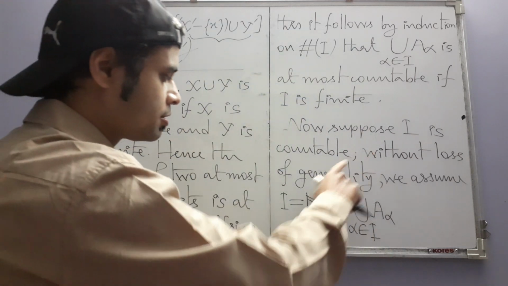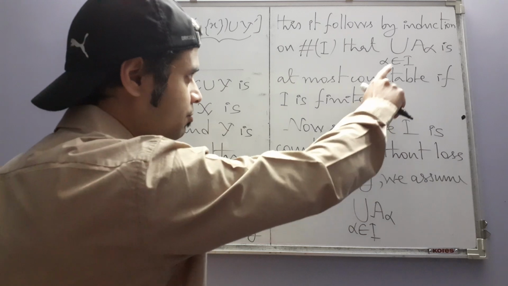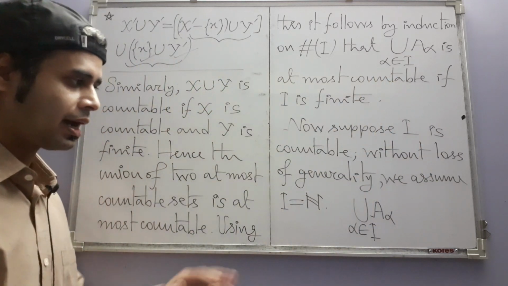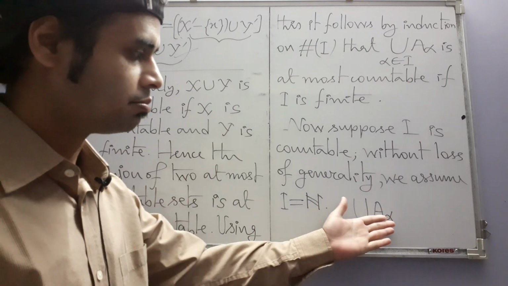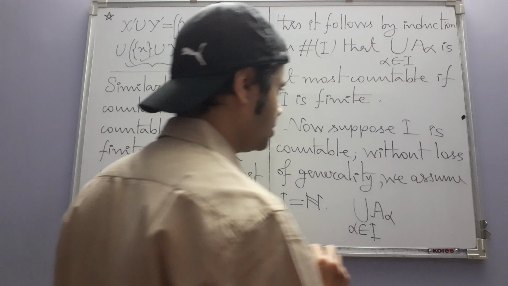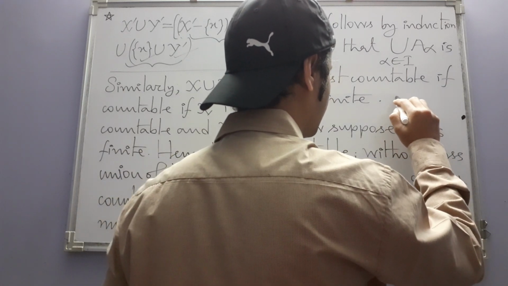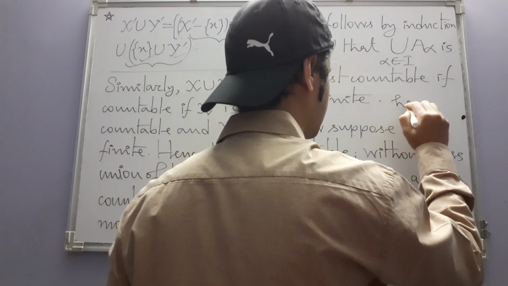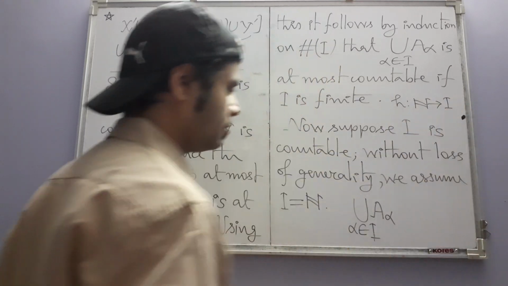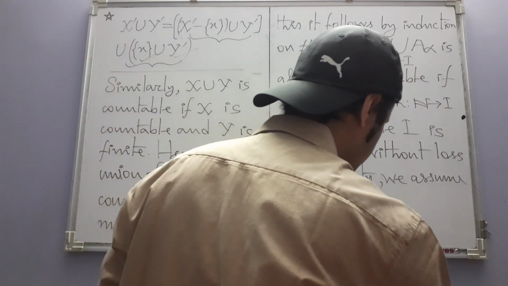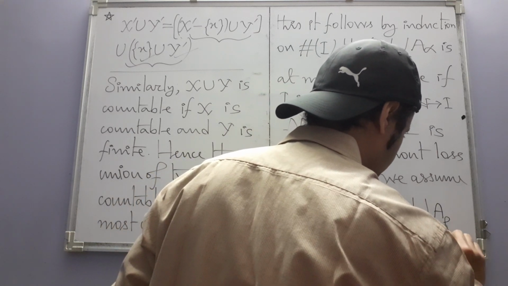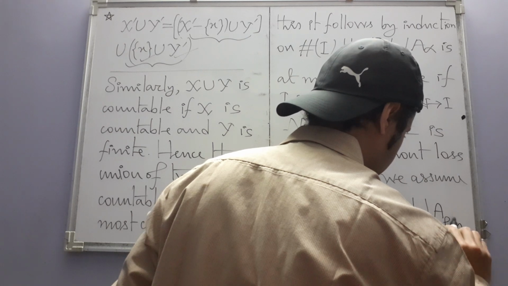Now, since we have a bijection between I and N, the alphas themselves can be represented in terms of natural numbers. That means because you will have some sort of bijection, say h, between N and I, this union can be written as the union of A h(n).